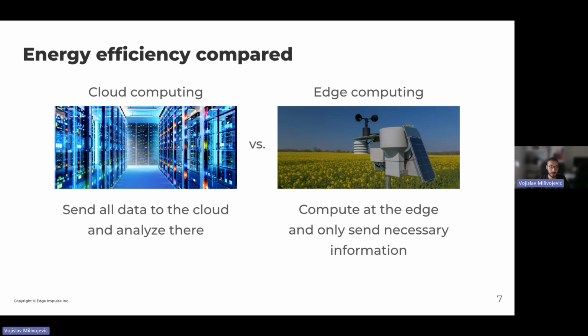In cloud computing, we aggregate data, collect it in some internal memory or whatever, or send it every time we gather it. But essentially, we're sending everything to the cloud. That is known to be power intensive. Again, we're going to see why. But all the computing is done in the cloud, and it's like offloading that computing somewhere else.